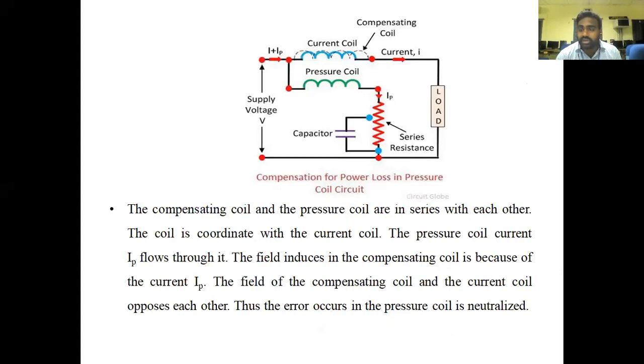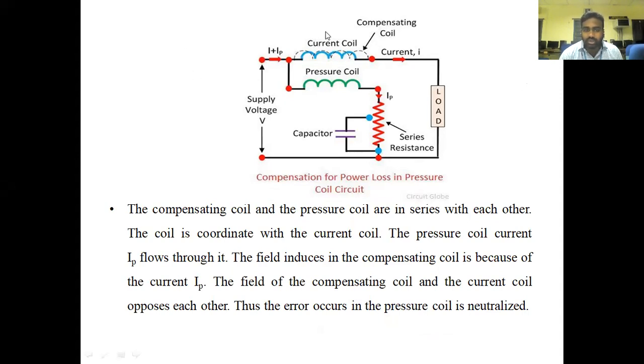So that means here what is happening, we are connecting the compensating coil, and the compensating coil and pressure coil are almost in series with respect to the current coil.